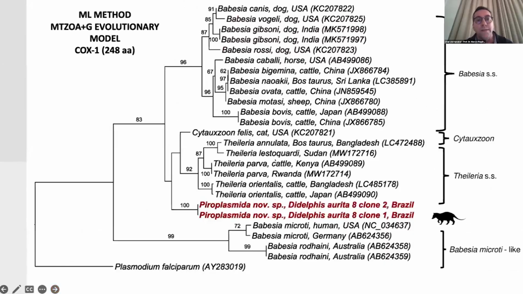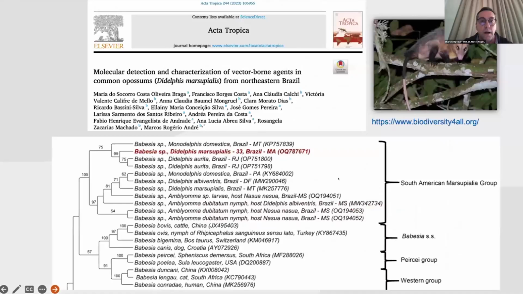Then we decided to build another phylogenetic tree based on a mitochondrial gene called COX-1. And again, we can see the uniqueness of this phylogenetic tree, which comprises only piroplasmids from opossums from Brazil so far.